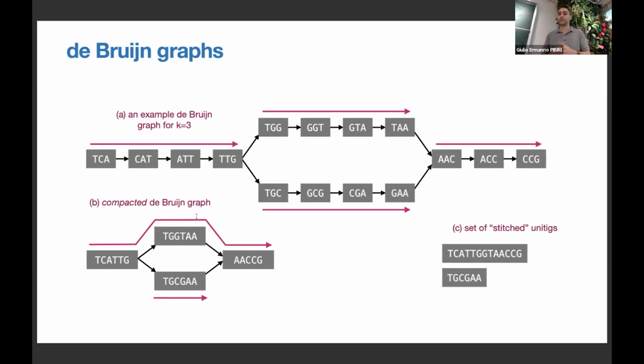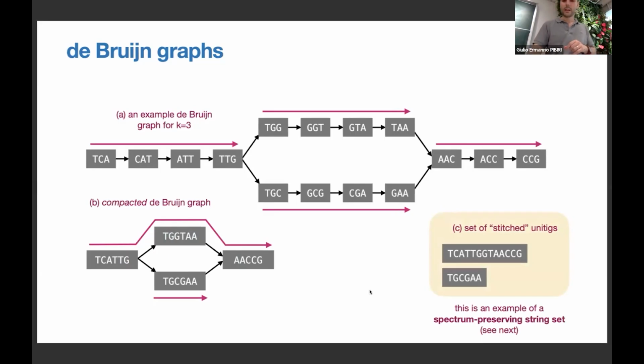So this is, in panel C, a minimum size path cover. And this allows us to also remove these two symbol overlaps between this unitig and this one, and this two symbol overlap between this one and this one. So we save more and more characters. So these glued unitigs are sometimes called stitched unitigs. And this is our first example of spectrum preserving string set.